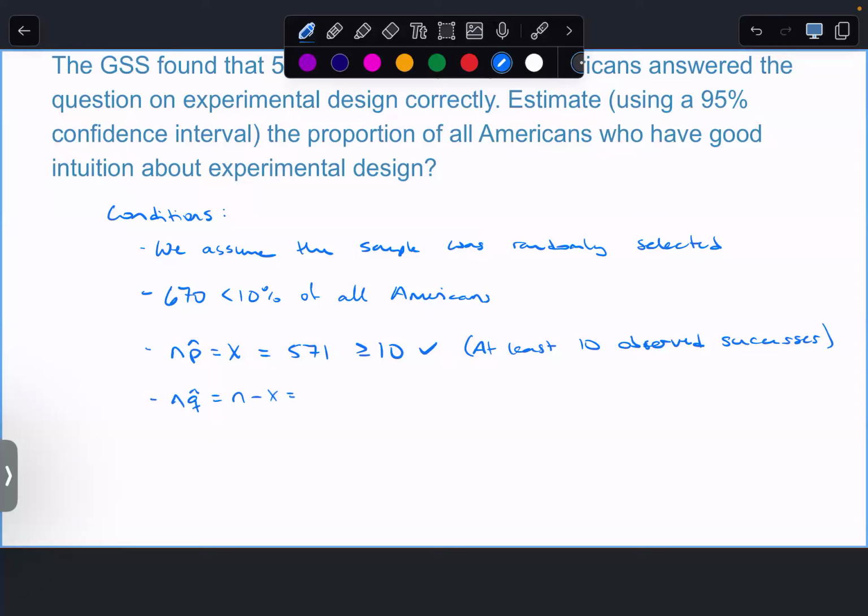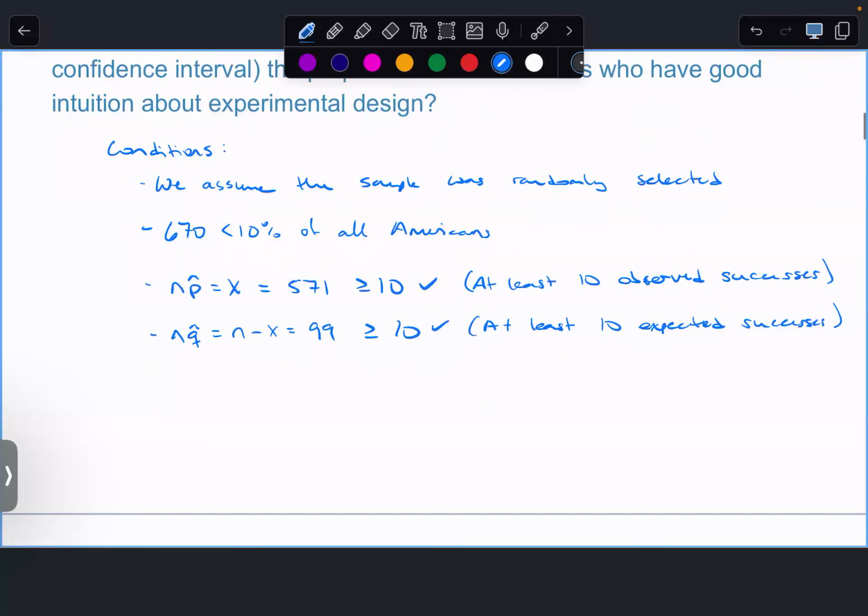So 670 minus 571, we know from the table is 99, which is also more than 10. At least 10 expected successes. Therefore, conditions are satisfied. Something like that.